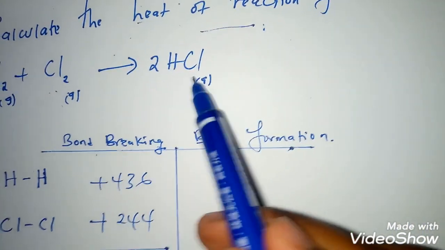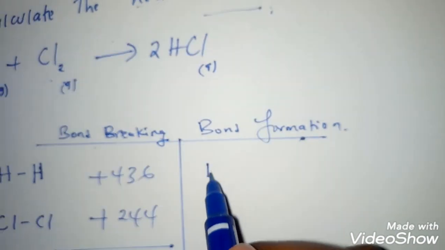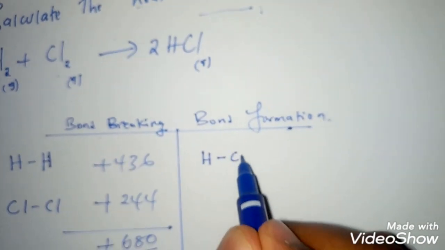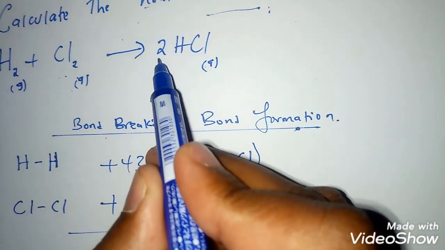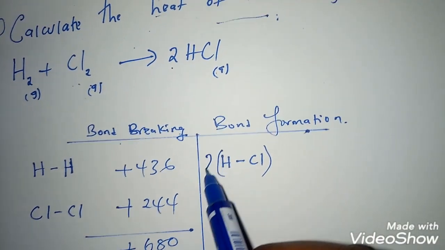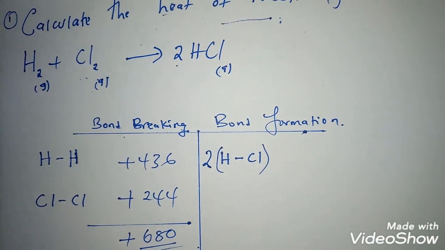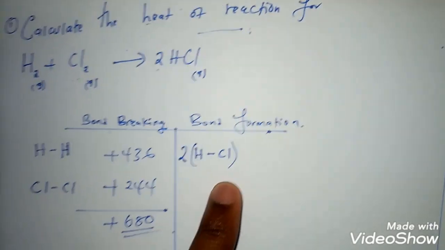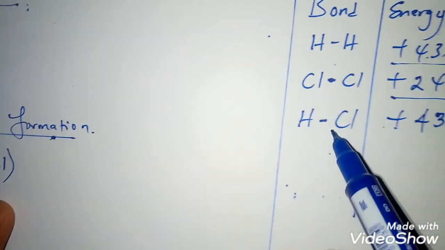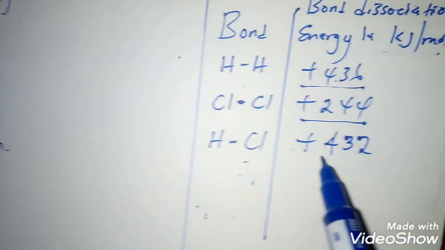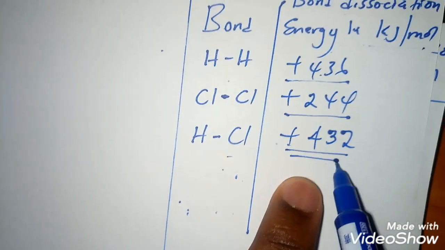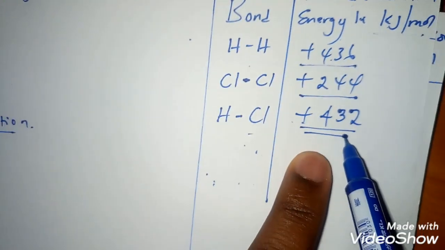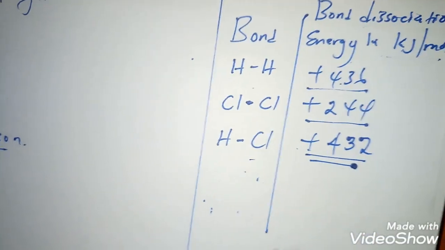Then you come to bond formation. The bond that is being formed is the hydrogen-chlorine bond, but how many are there? According to this equation, there are 2. So you must always remember that the 2 are being formed. The hydrogen-chlorine bond is positive 432. But this is the energy that is required to break the bond, and bond formation is exothermic.